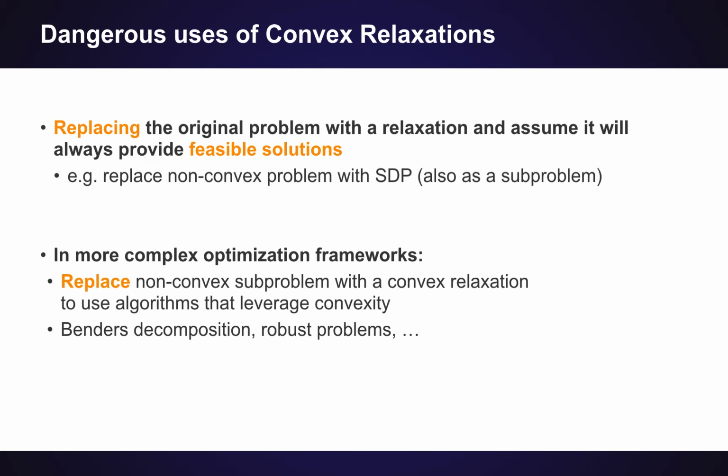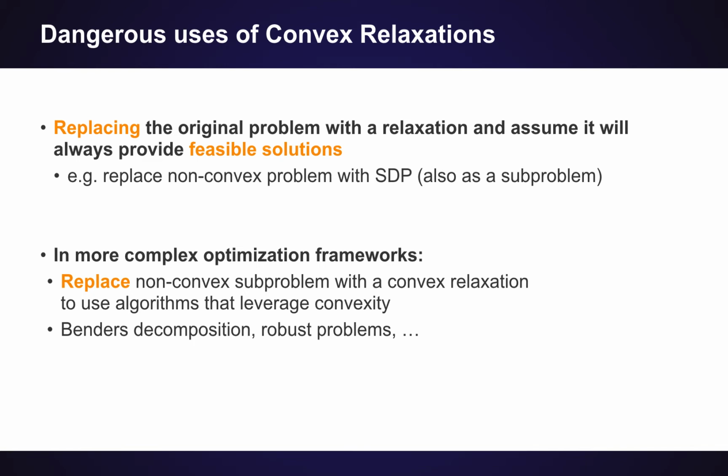And the really nice thing about this is that then you can use algorithms that leverage the convexity. Many of those decomposition algorithms or robust algorithms really use convexity as a key component. The proofs that those algorithms converge to the optimal require the subproblem to be convex.